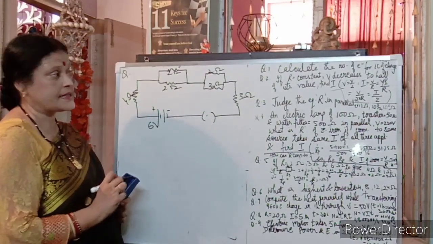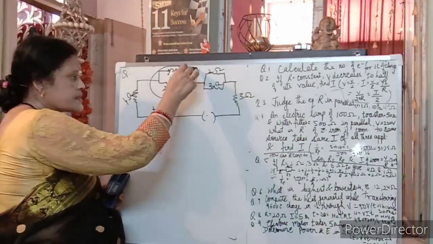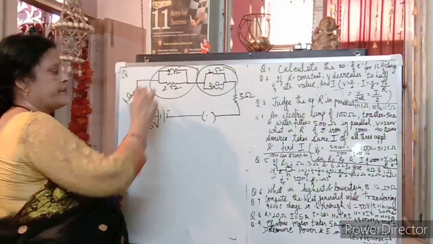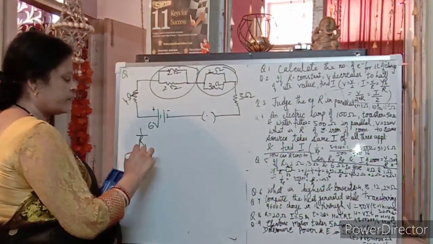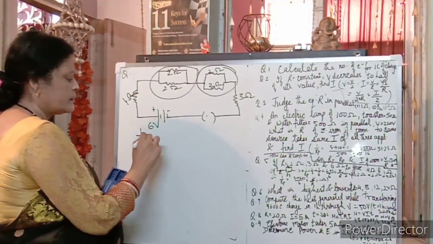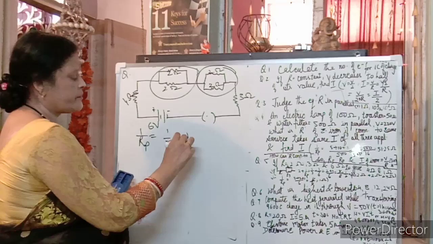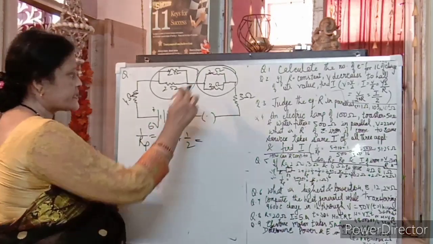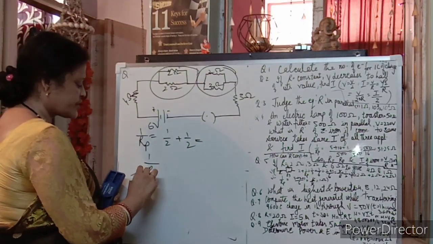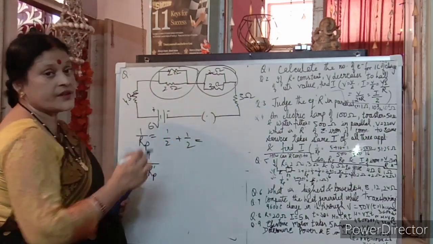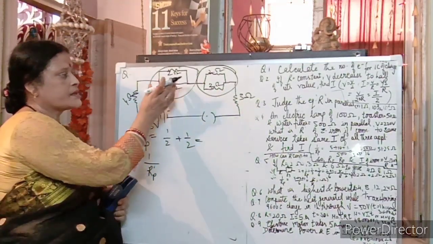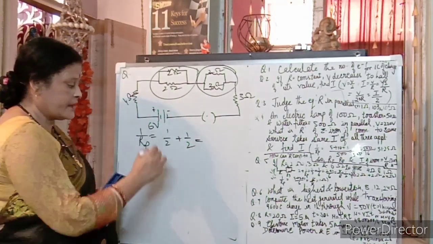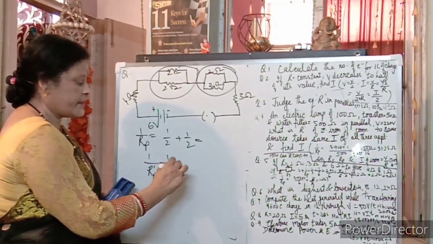Find the total resistance. First we will go with this, then we will connect in series. So 1 by RP is equal to 1 by 2 plus 1 by 2. Find the answer. Next, 1 by RP dash. Why RP dash? This is again the second parallel set, the set of the second parallel, the set of the first parallel. Again, 1 by 2 plus 1 by 2.